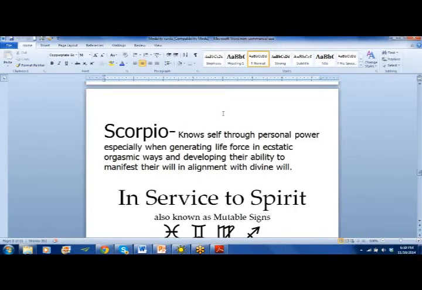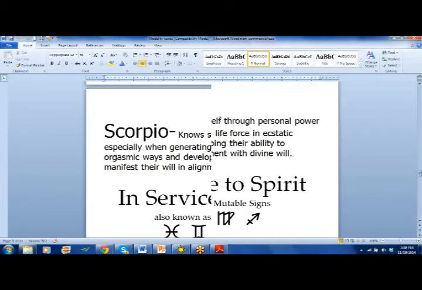So that's why it's useful to learn this part. Scorpio is knowing itself through personal power, generating life force, the experience of will and aliveness for its own sake. Another way to look at Scorpio.